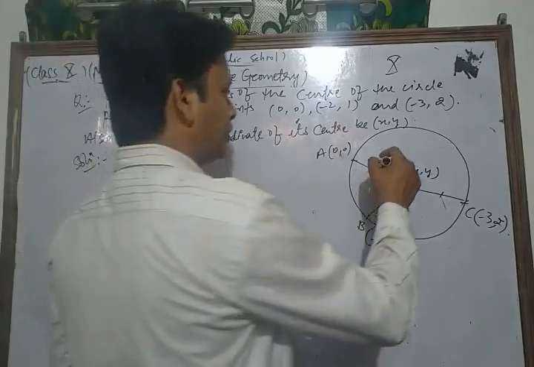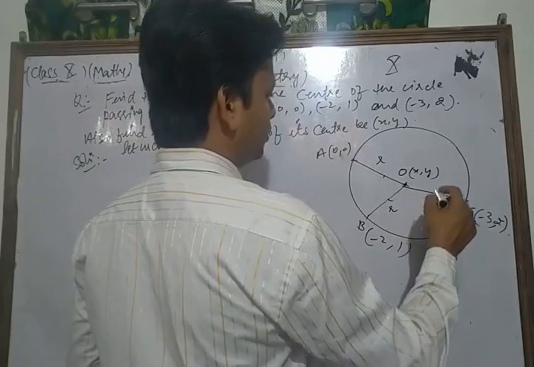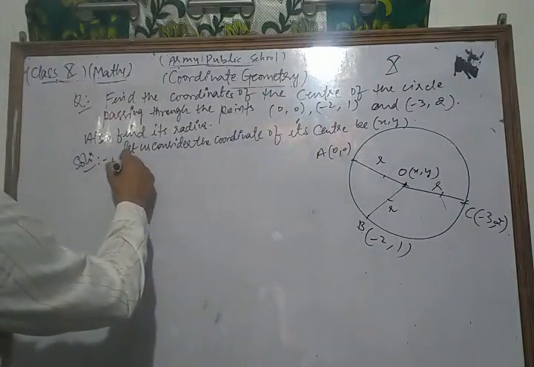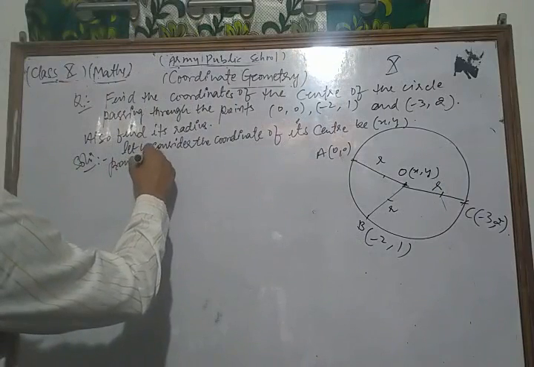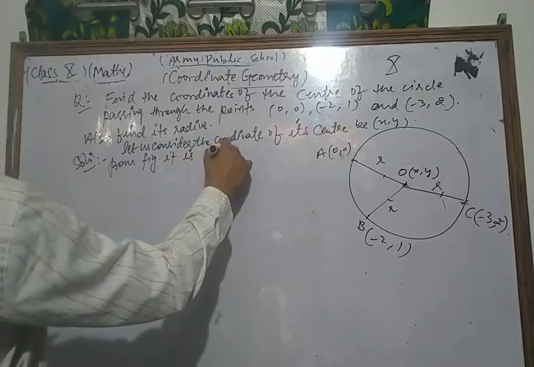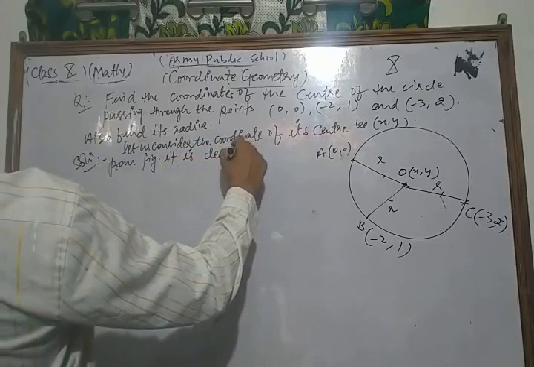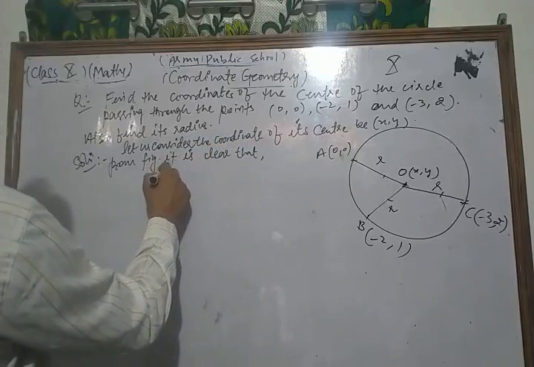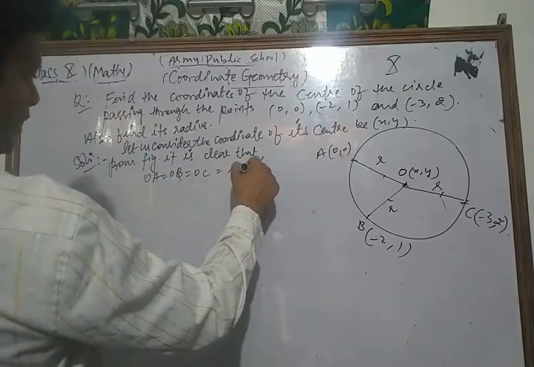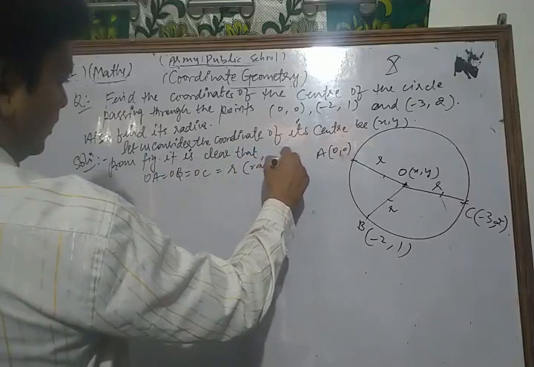So here OA is equal to OB is equal to OC, each equal to R. From the figure it is clear that OA = OB = OC, each equal to R. This is the radius of the circle.